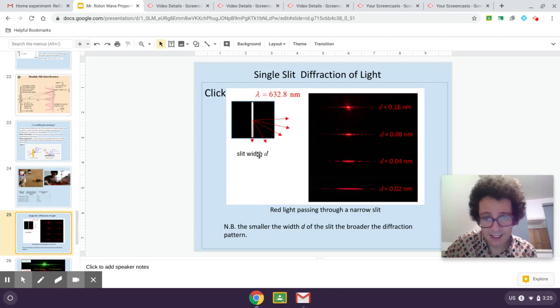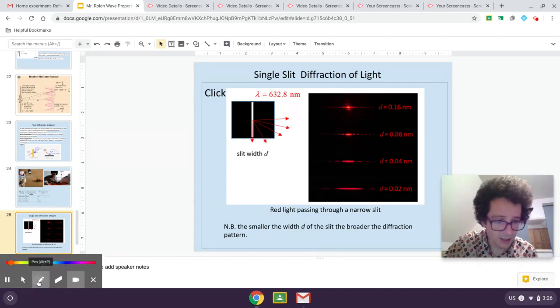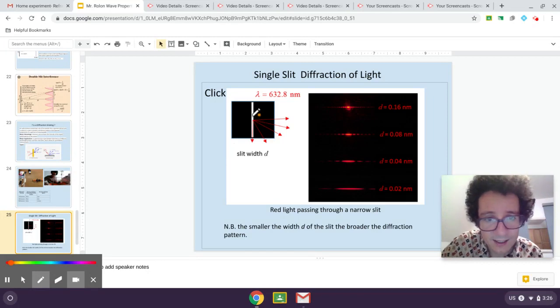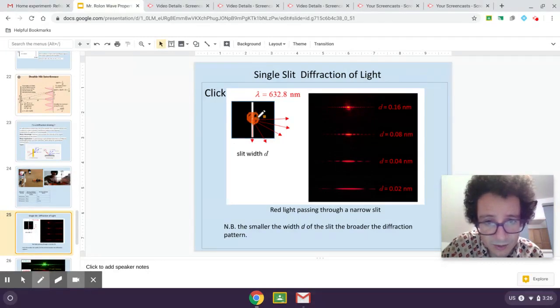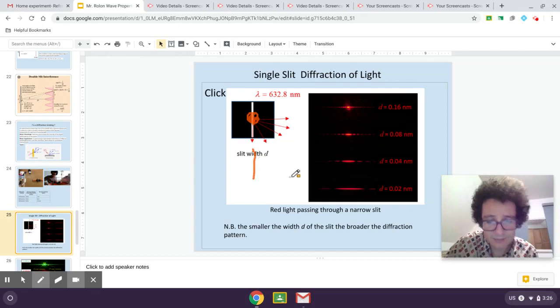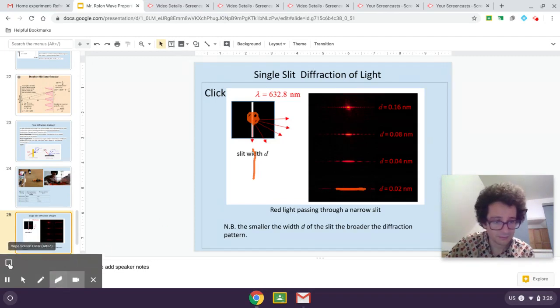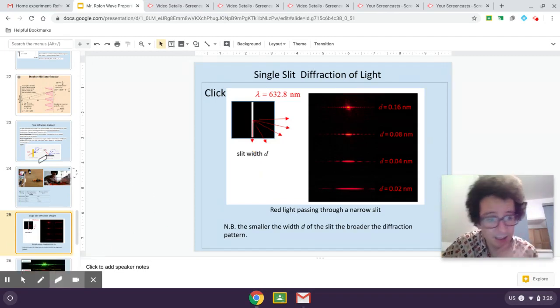Again, if we imagine light as a particle and we send light through this little aperture, we would expect to see just that little part on the screen, a vertical line. But what happens? It's actually a horizontal line, because light is a wave.